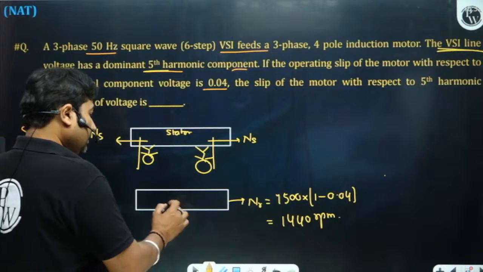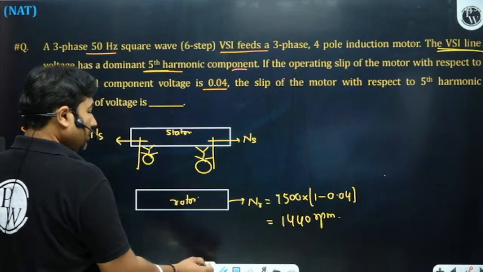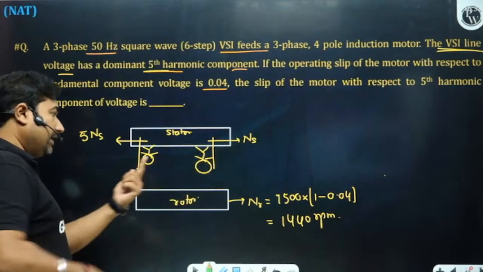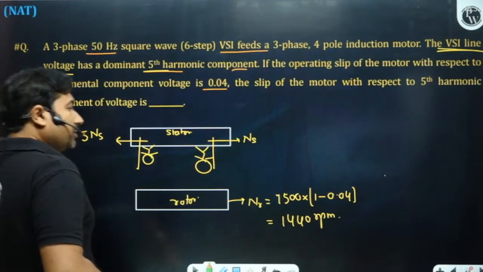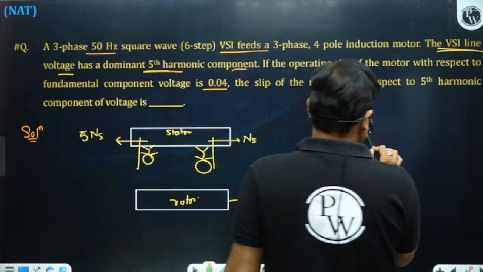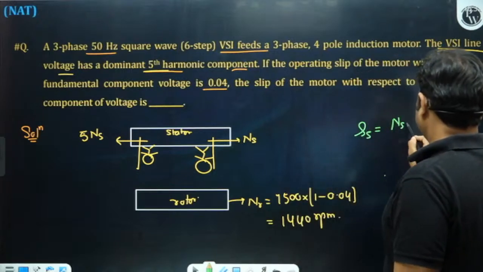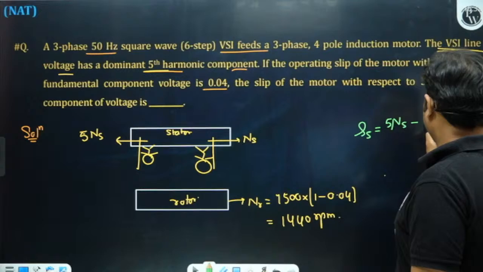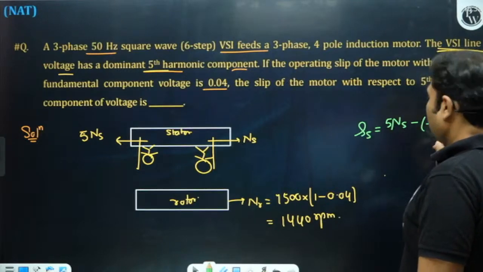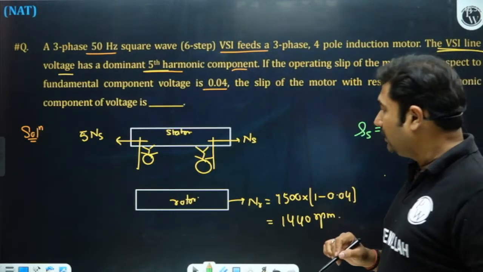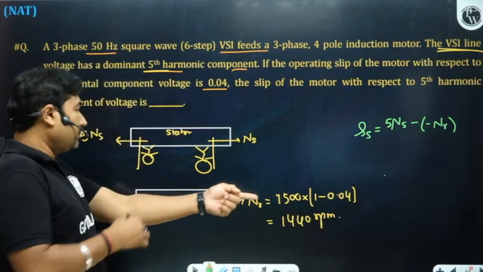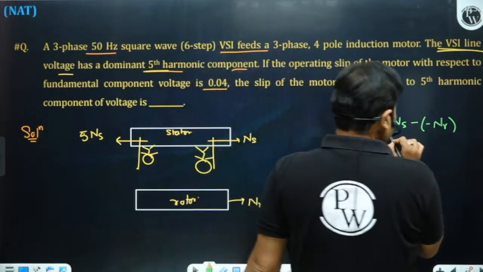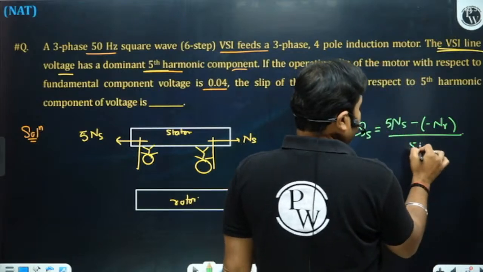If we talk about the slip with respect to the fifth harmonic, the rotor is moving in one direction and the fifth harmonic component is moving in the opposite direction. So the slip with respect to the fifth harmonic will be: the fifth harmonic rotates at a speed of 5ns, so it is 5ns plus nr, because the rotor is rotating opposite to the direction of the fifth harmonic component. These two are added, divided by 5ns.